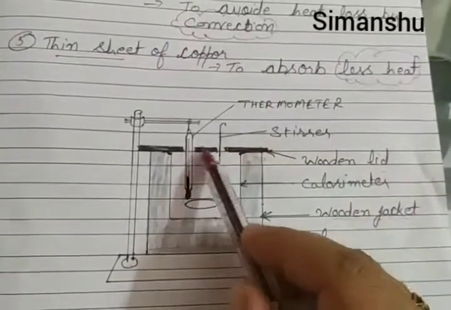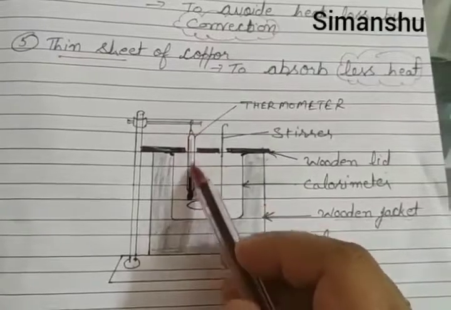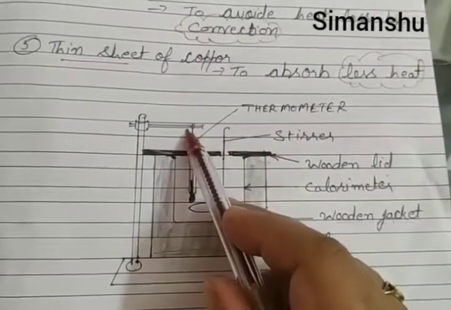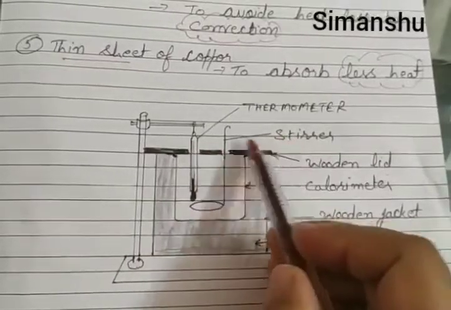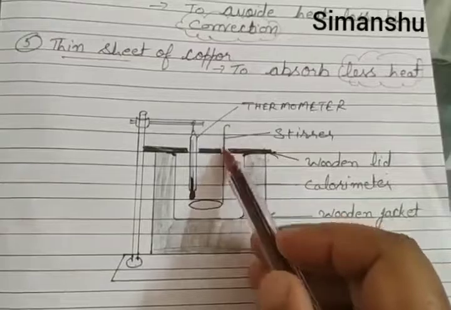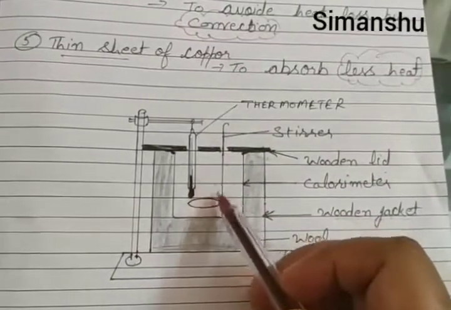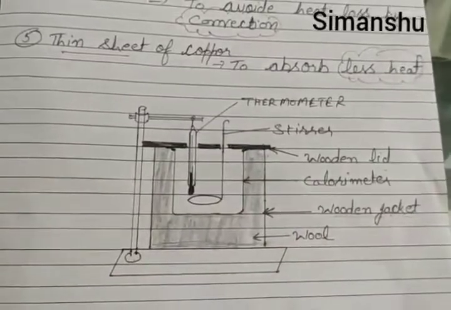Here are two holes inlaid. Through one hole, we suspend a thermometer to take the reading of the change in temperature. Here is the stirrer. What is the use of the stirrer? By holding this handle, you can move it to mix the solutions we poured in the calorimeter.